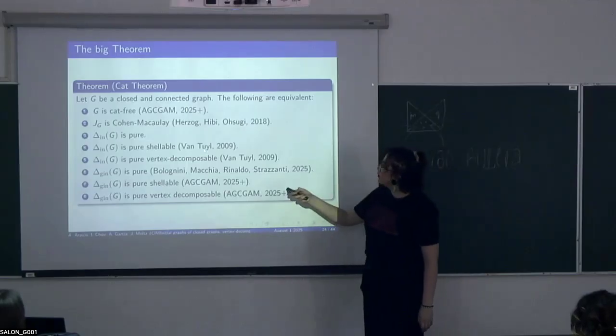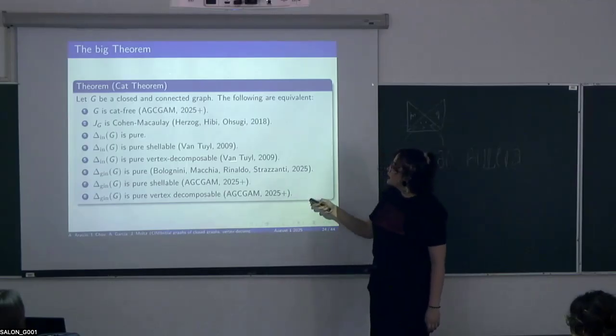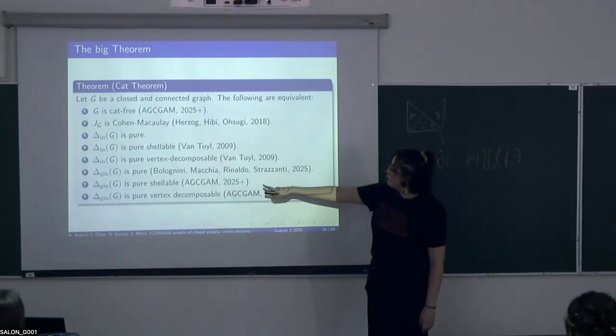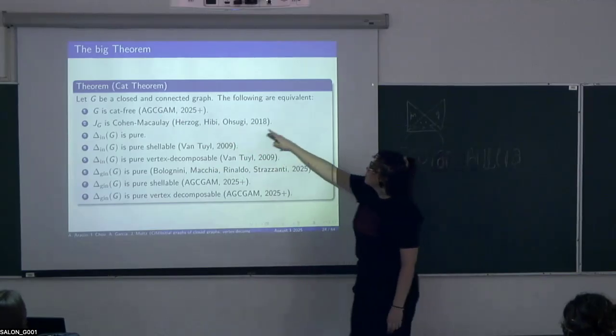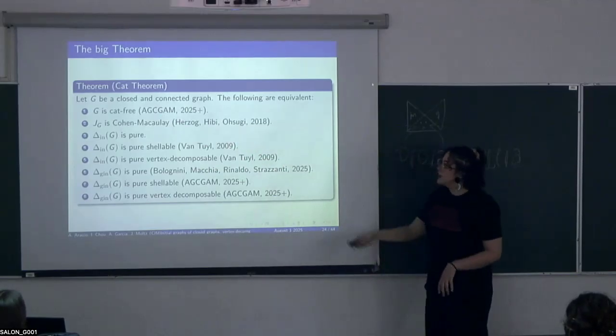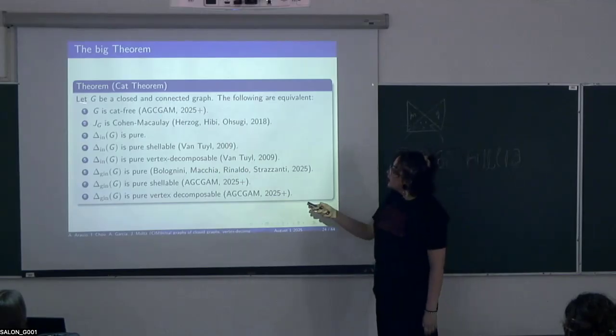Here we have the theorem of Van Tuyl, Bolognini, Macchia, Rinaldo, Strazzanti. Here the Herzog, Hibi, Ohsugi, and the union is with the cat-free graph and the delta gin, the properties for delta gin.